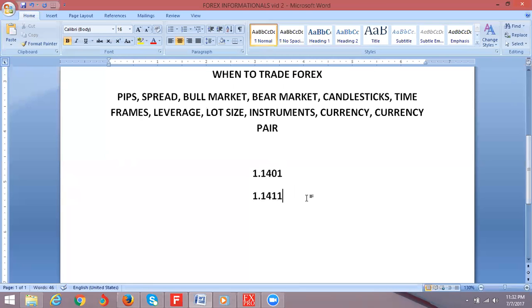And if it moves down 10 pips from that one, it becomes 1.1401. So 4 minus 10.